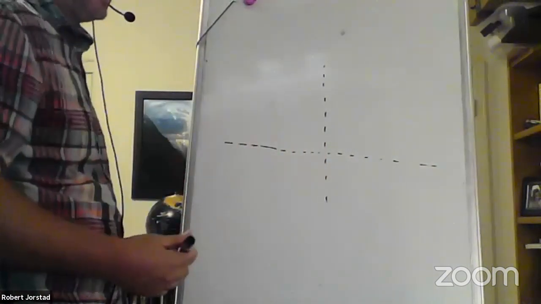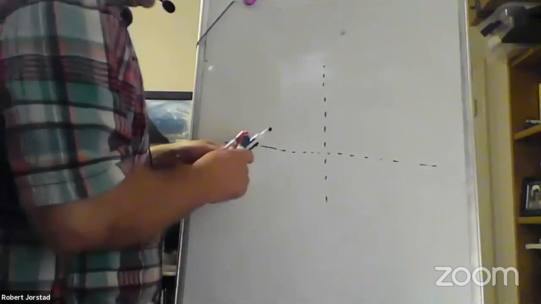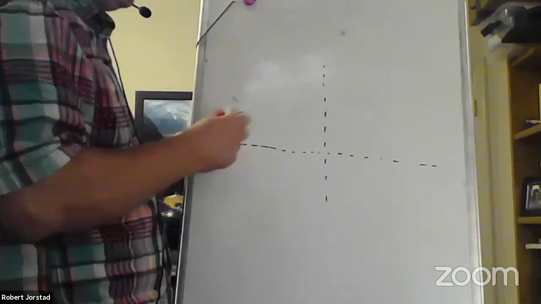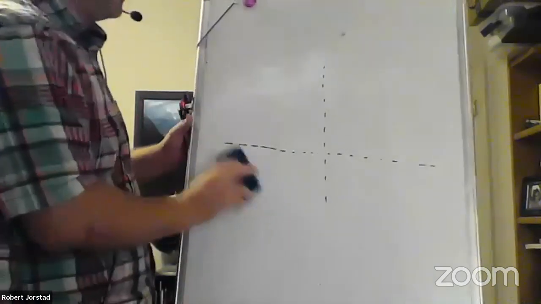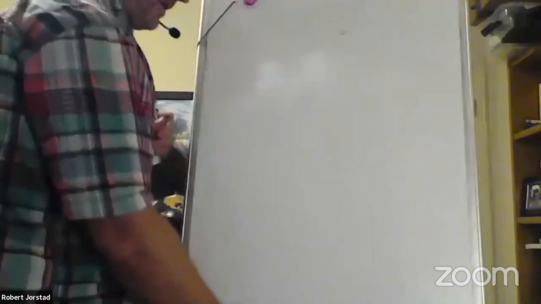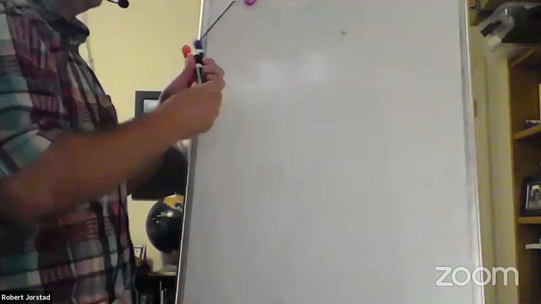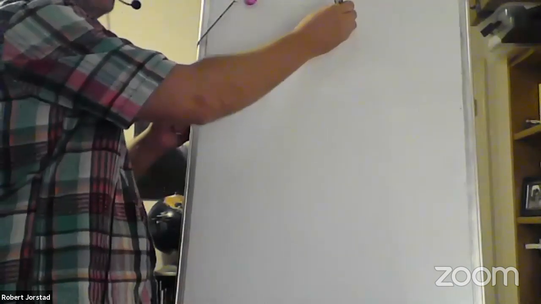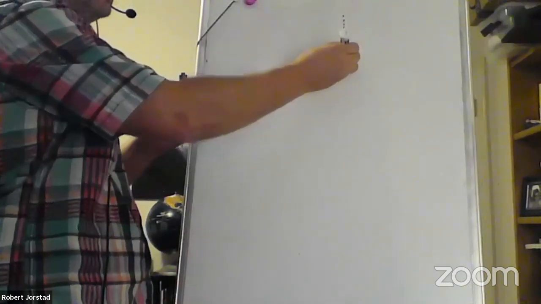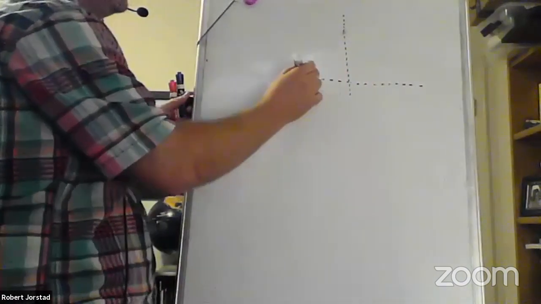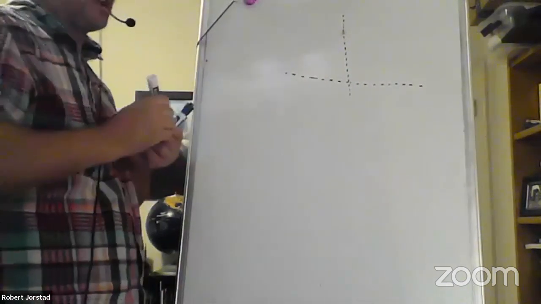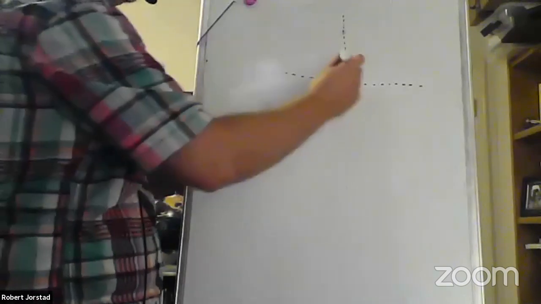Let's use a vector. I'm going to raise this up a little bit. Sorry, I want to have some room to work. Let's just do something up here like this to keep things easy.